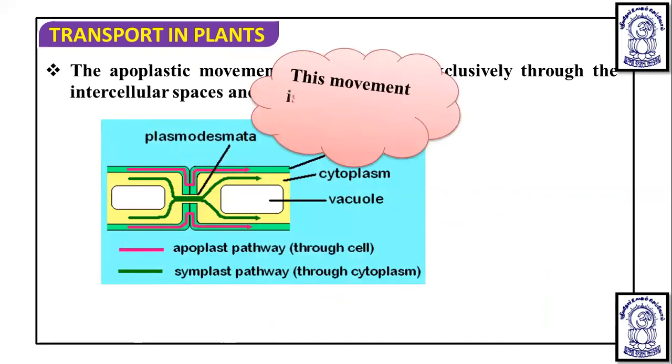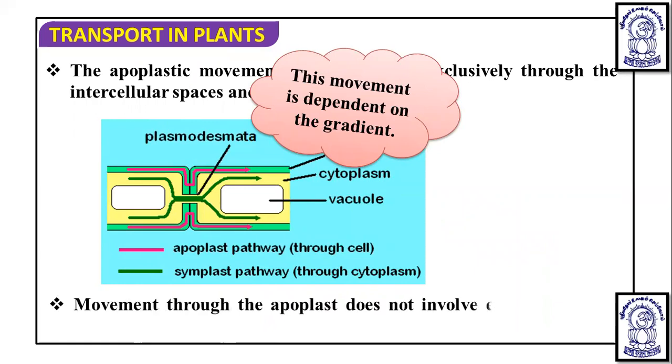This movement is dependent on the gradient. It means if the water and minerals are more on the epidermal side and less on the xylem side, it will move. So this is dependent on the gradient, and movement through the apoplast does not involve crossing of the cell membrane.